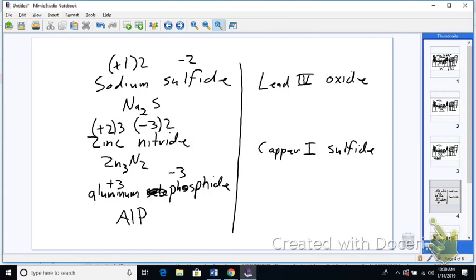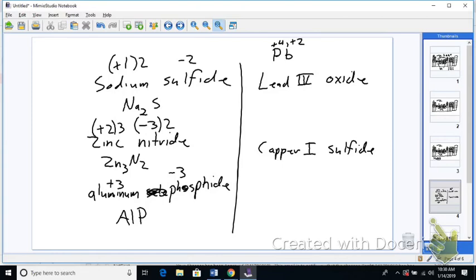Okay, so what I want you to do is find lead, and above lead there's 2 numbers, right? So above Pb, there's 2 numbers. What are those 2 numbers? Is this just 4 and 2? That's it? Okay? So it's a +4 or a +2.